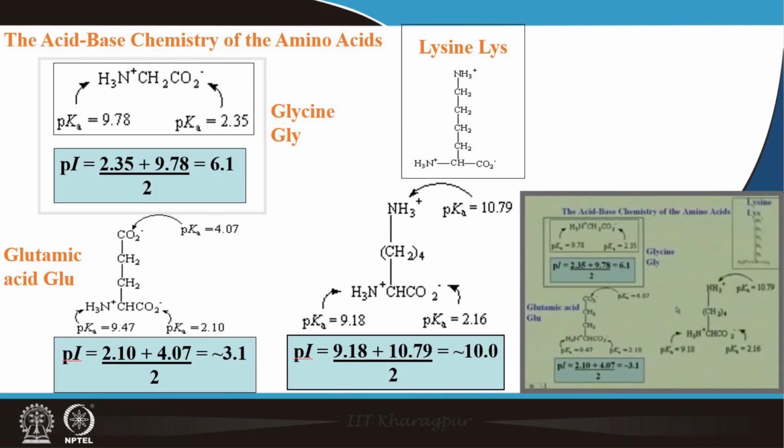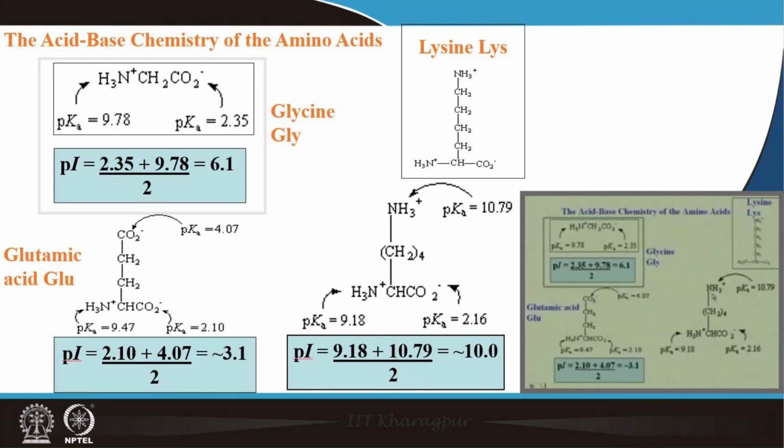In the next case, suppose we have a lysine. Then what happens to my lysine? Initially, what is my charge? If I have an H here, it is +2. When I lose the first proton here, then this becomes CO2-, but I still have a charge of +1.